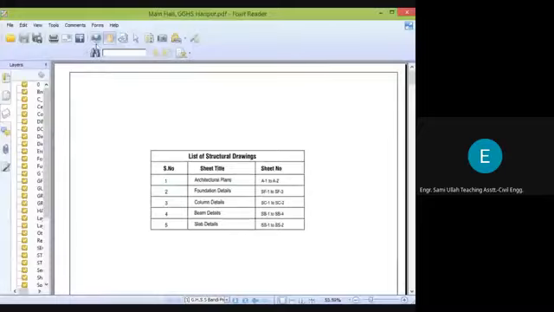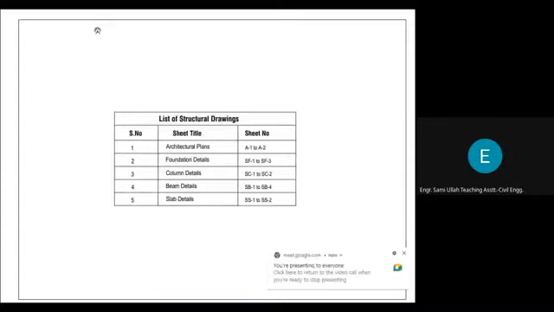Okay, I hope you can see the screen now. Yes, sir. Okay, this was one of our recent projects. This is Government Girls High School, and the size of the hall is almost the same as we have done in this class. Hall size is 40 by 70 feet instead of 60 by 90 feet in our example.